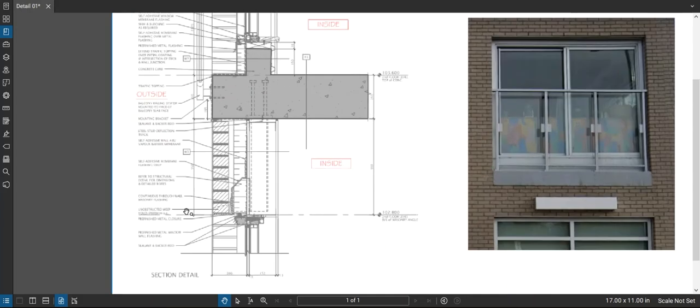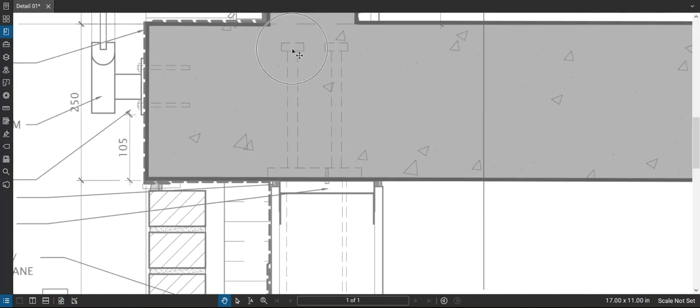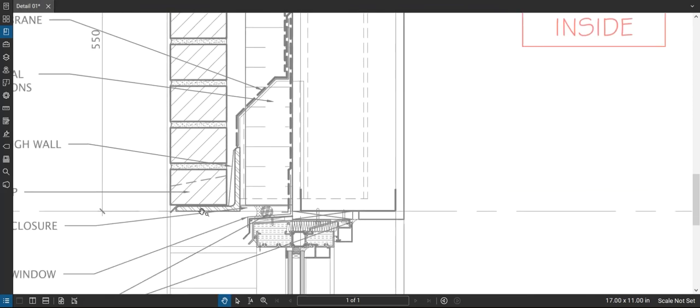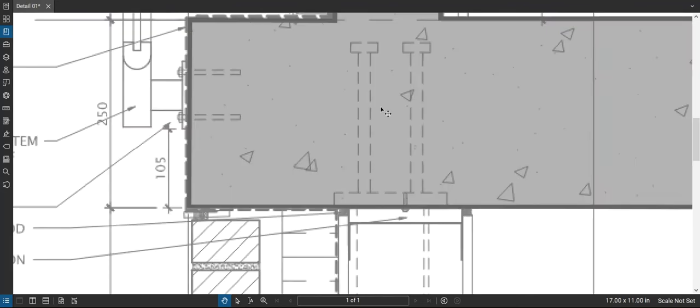Next I'm going to focus on some steel that I see in here. I see some lag bolts in the concrete here. That tells me there's probably a piece of steel hanging down here, and I'm seeing some dashed lines here and something over here. I'm seeing a steel angle over here. This isn't my detail or my building, but there's probably a steel plate cast into the concrete right here, with some lag bolts on it.